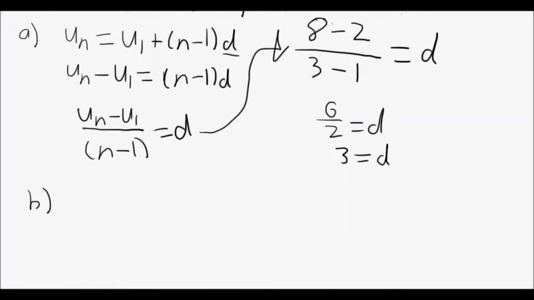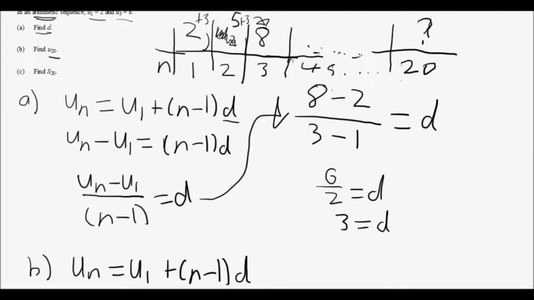To find this, we will use the exact same formula: u of n equals u of 1 plus n minus 1 times d. Now, what we have to do is substitute all the variables so that you can find what number the 20th term in the sequence is.